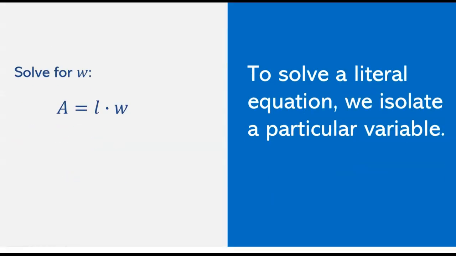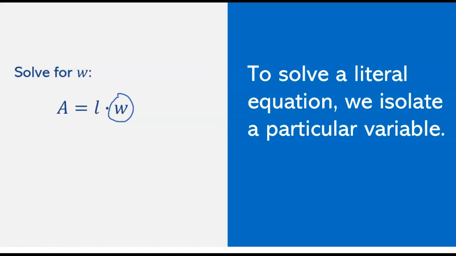So when we solve a literal equation, what we mean by that is we are going to solve for one particular variable. So notice we have many variables. It isn't clear which one we should always be solving for, so it'll tell us which one we need to solve for. So this one says solve for W. So this is going to be the variable we solve for.